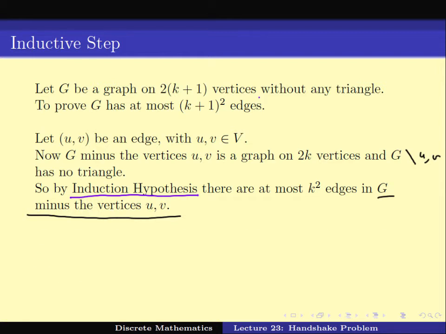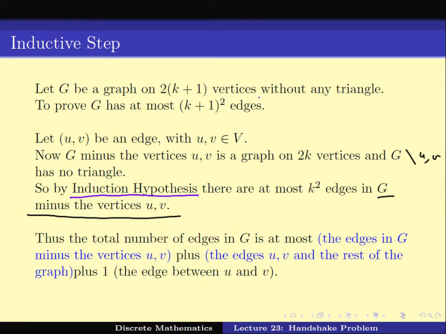So finally, the total number of edges in G is at most the edges in G minus the vertices V, U, plus edges between UV and the rest of the graph, plus 1, which is the edge between U and V. And let's put them back. The edges in G minus U, V, we just now proved, is k square.